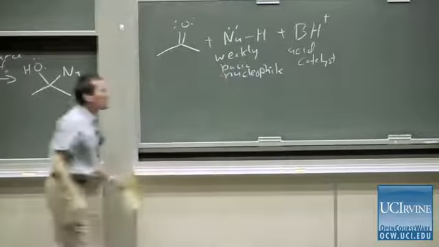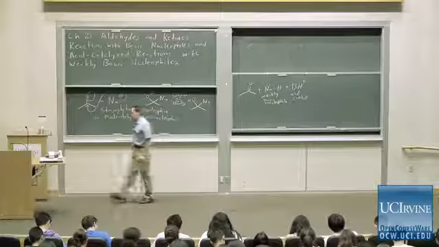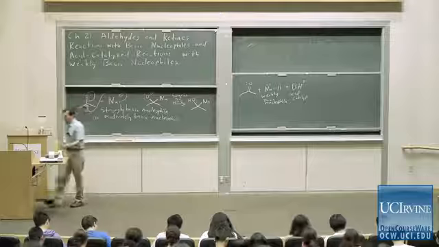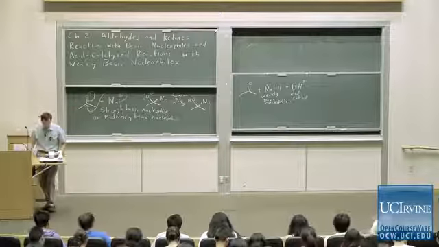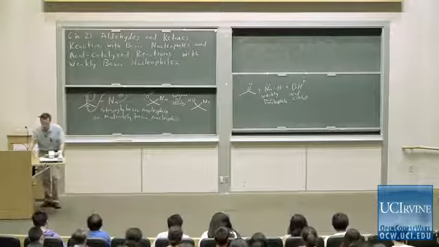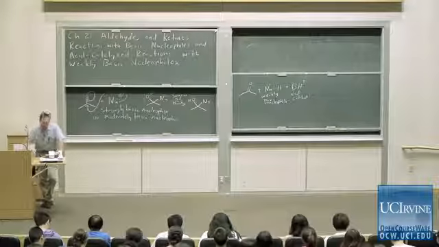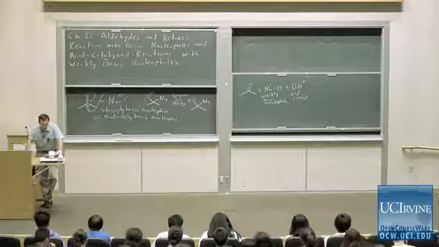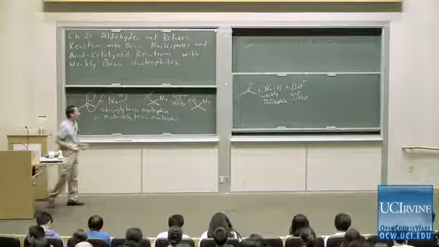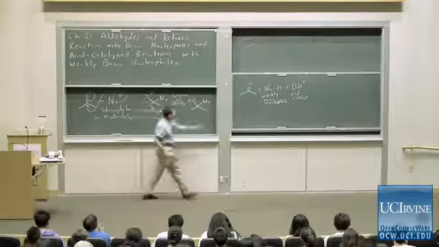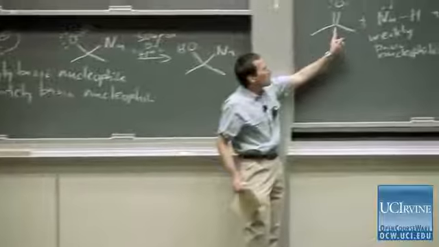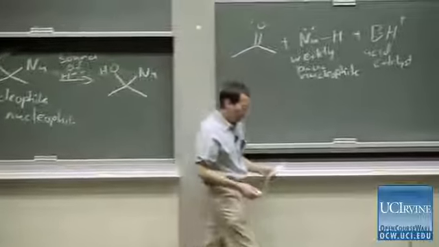Because the carbonyl compound, the ketone or aldehyde, is only moderately electrophilic, imagine for a moment that the nucleophile isn't nucleophilic enough to attack the carbonyl. But you can set up an equilibrium where the base protonates the carbonyl.